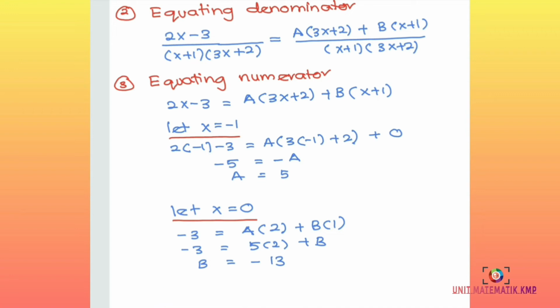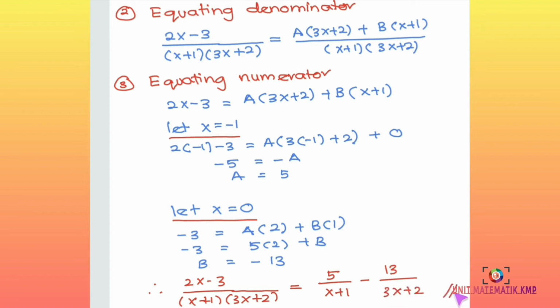Therefore, our final answer is (2x - 3) over (x + 1)(3x + 2) equal to A, which is 5 over (x + 1), and B, which is negative 13 over (3x + 2). This is our final answer for the partial fractions of the given expression.